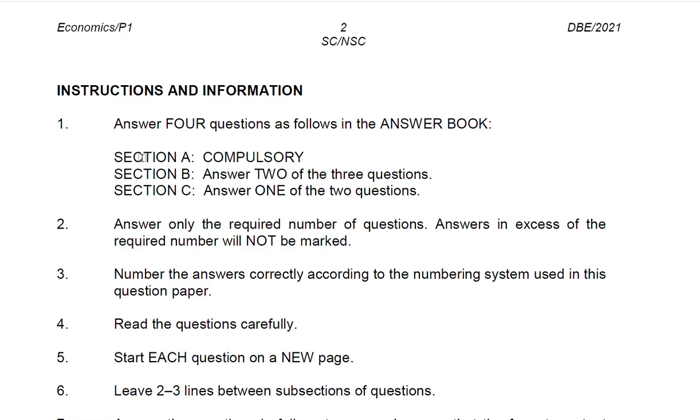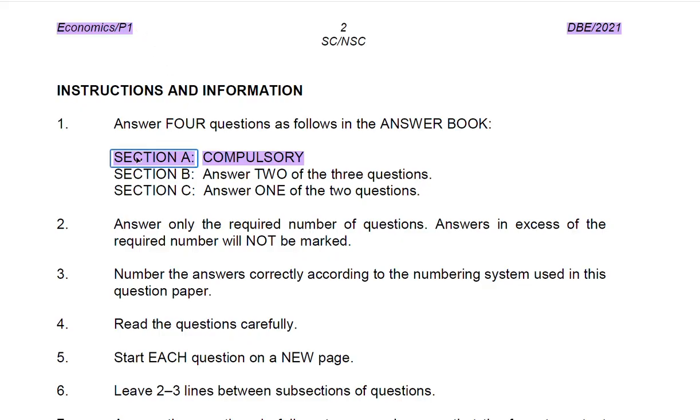In the previous video, we looked at section A, which covers the compulsory section of the economics paper 1 May June past exam paper. Our main focus is the 2021 past paper, and we are still looking at economics paper 1.